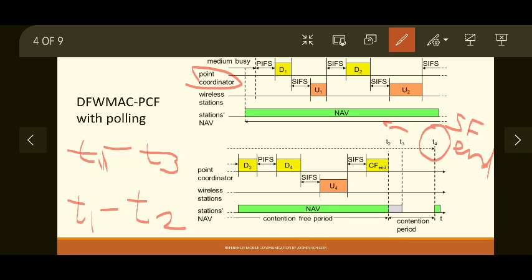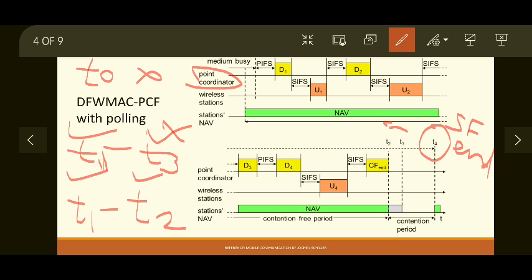What is T0? We have seen that the contention free period was supposed to start at T0, but it did not start at T0, it started at T1 and it should have ended at T3, but due to the absence of U3, it is getting modified to T1 to T2.